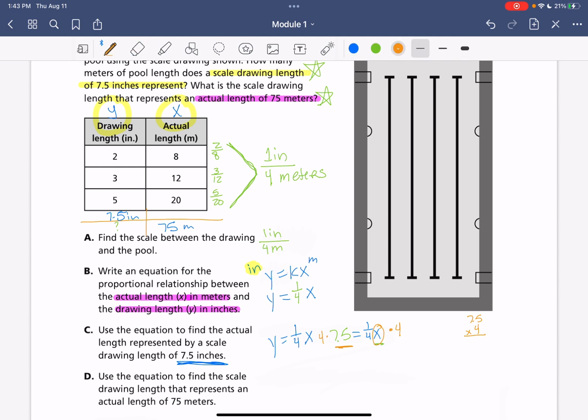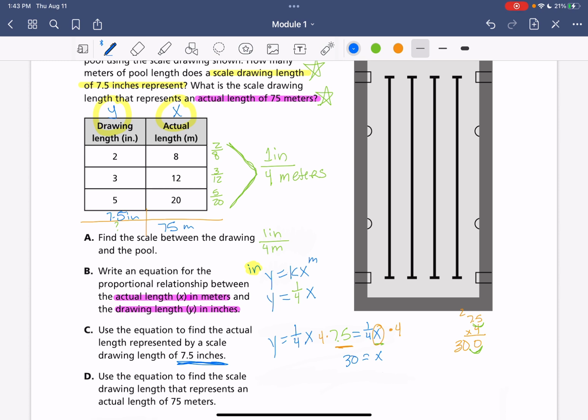We would have our 5 times 4 is 20. 28 plus 2 is 30. And then we can't forget our decimal here. So we're going to have x equals 30.